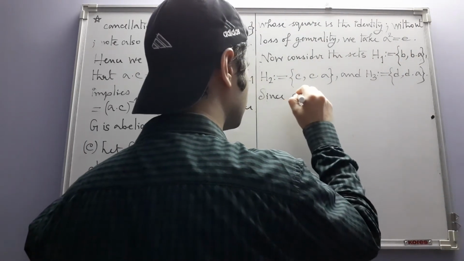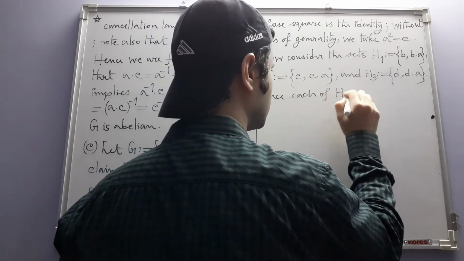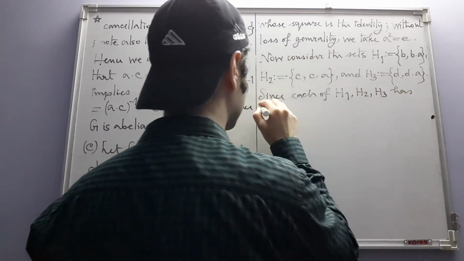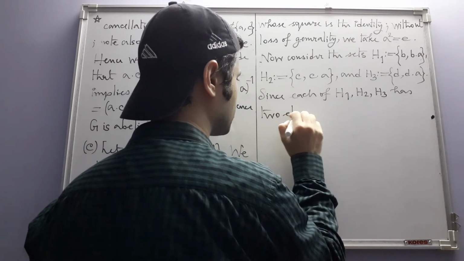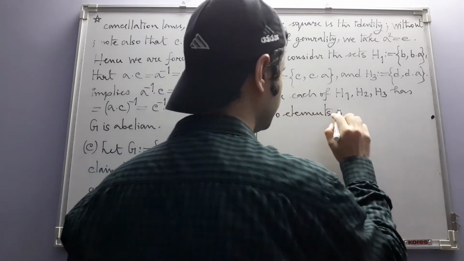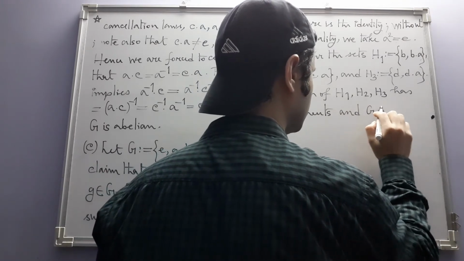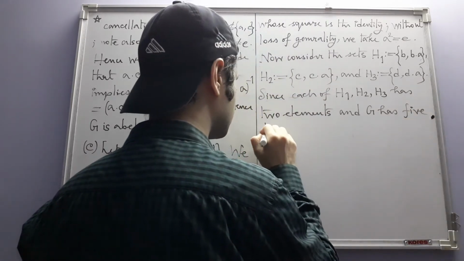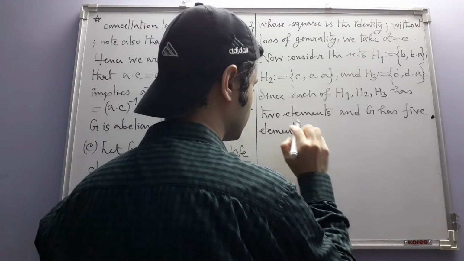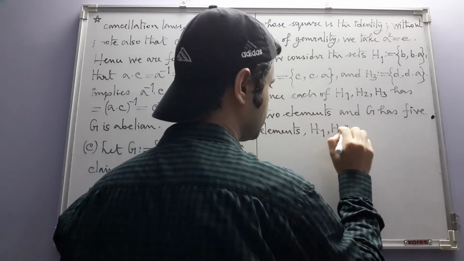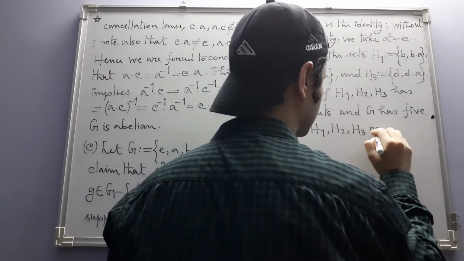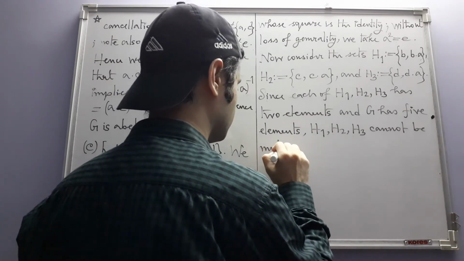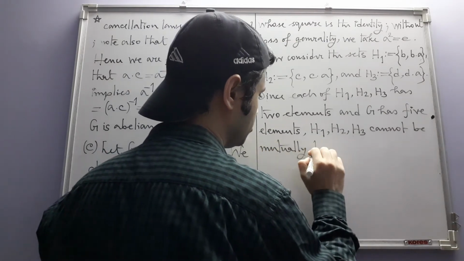Since each of H1, H2, H3 has two elements and G has 5 elements, H1, H2, H3 cannot be mutually disjoint.